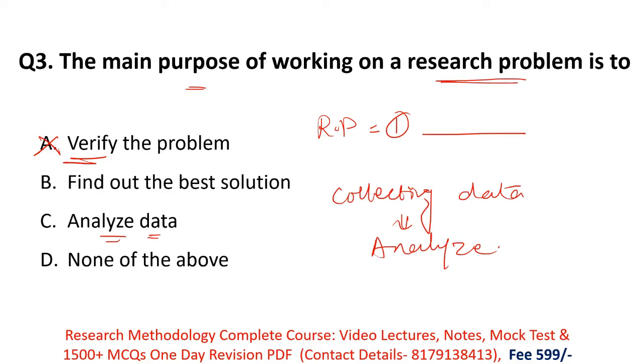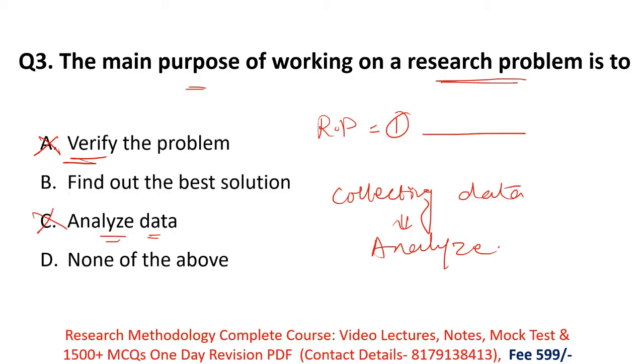Is it the true data I am expecting? This is the analyzing process. So remember, in research the analyzing process always comes after collecting data. Suppose you are working on your research problem, you cannot directly do the analysis. First of all you have to collect your data, then you observe that data and then you analyze it. So here option C is also incorrect.